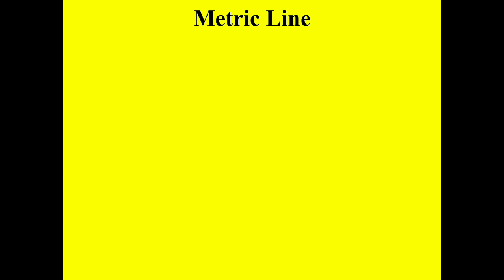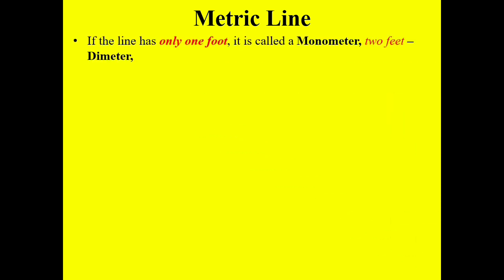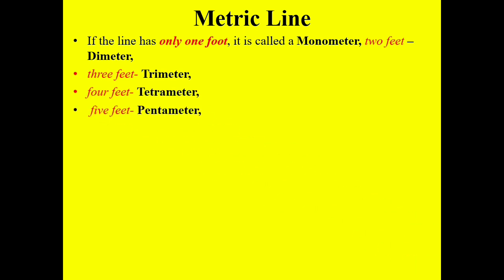So now we understand what a metric line is. There we have lines. For example, if the line has only 1 foot, it is called a monometer. If the line has 2 feet, that is called dimeter. If 3 feet, trimeter. If 4 feet, tetrameter. If 5 feet, pentameter.